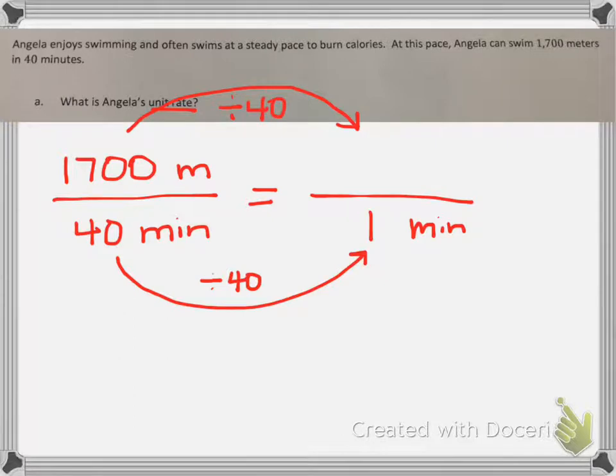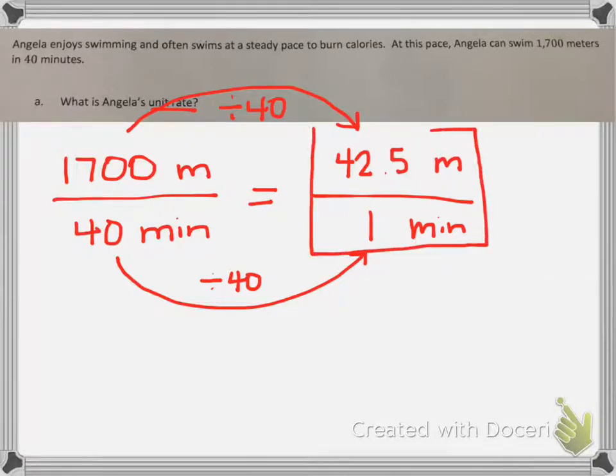So I would find out what 1,700 divided by 40 is. And 1,700 divided by 40 is 42.5 meters. So we've just found the unit rate for Angela, which is 42.5 meters in 1 minute.